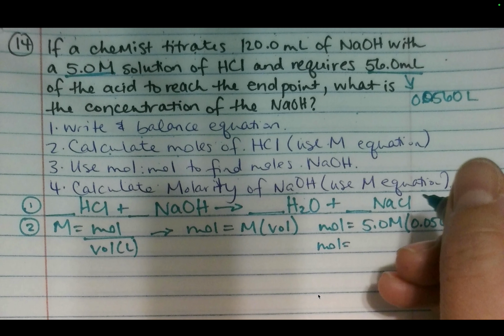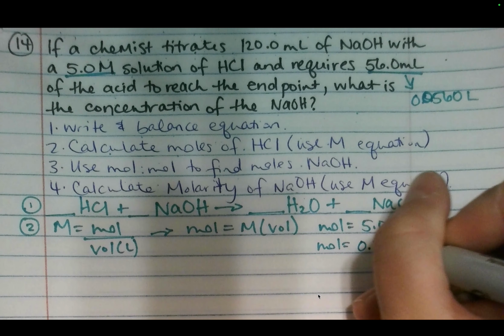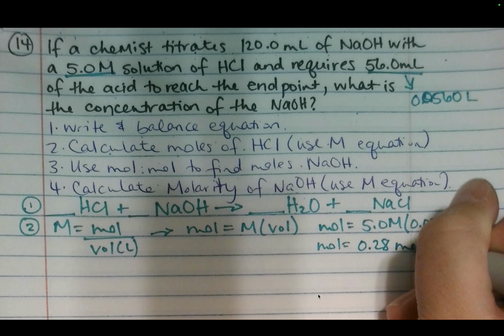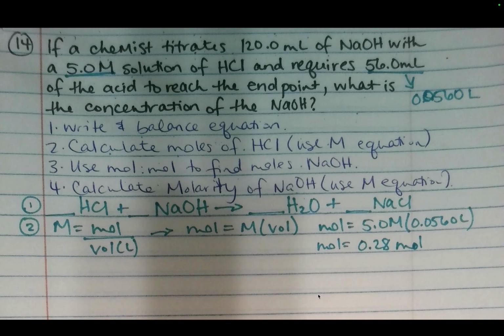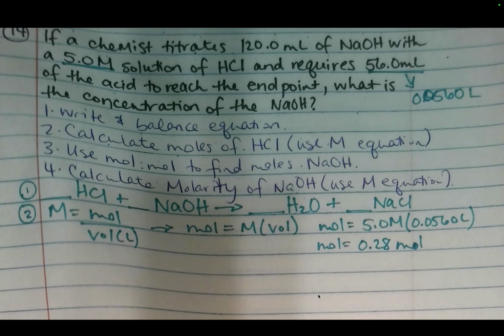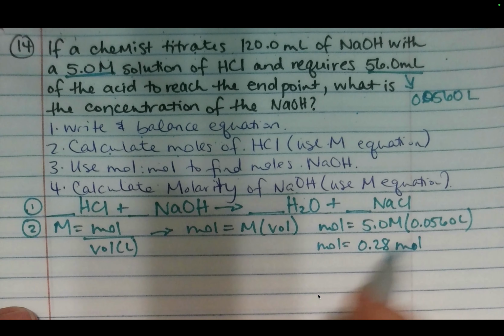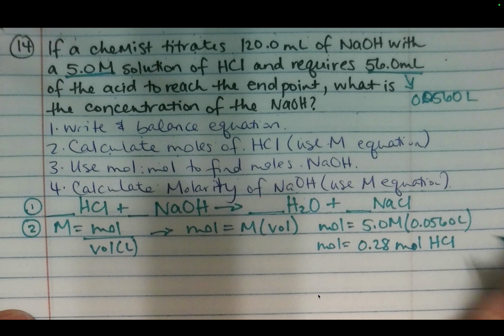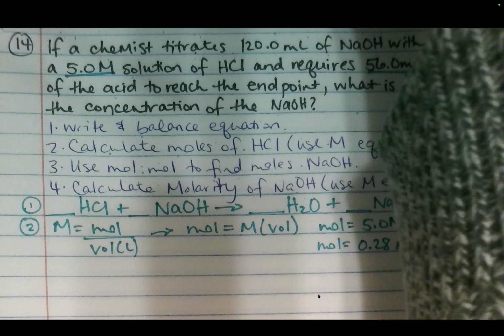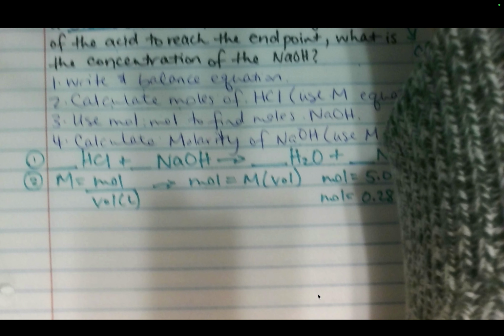Punch that into your calculator. 0.28 moles. So that's step 2. I calculated moles of hydrochloric acid, moles of HCl.